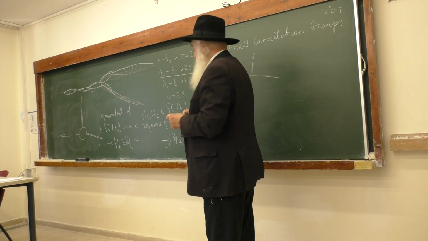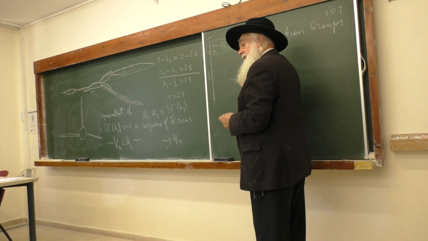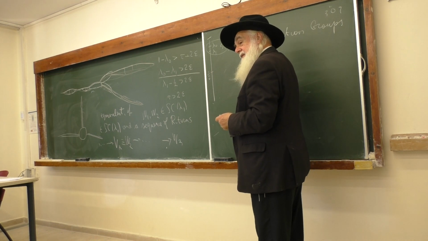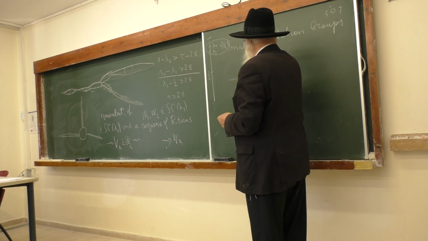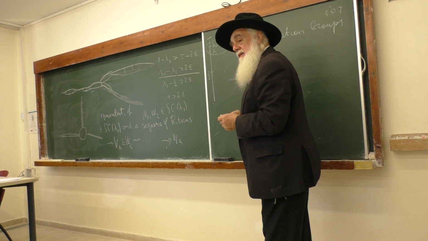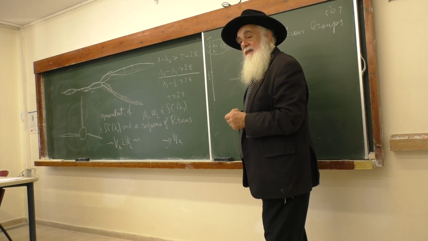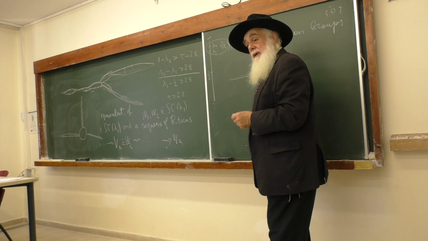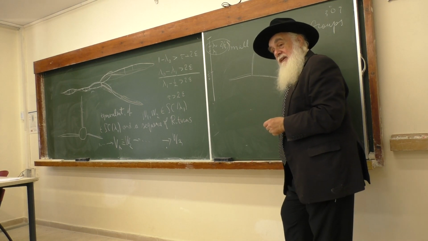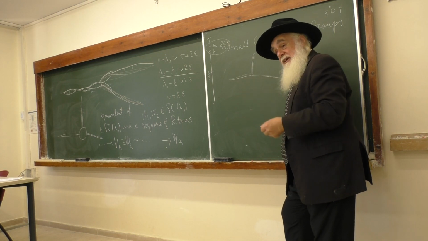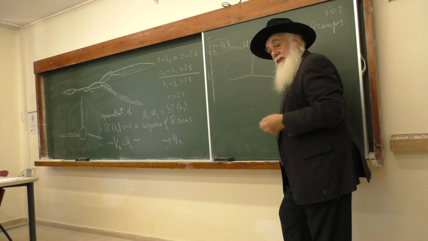Because we can take the first and the second. Four elements of the generators, for the free group element. In the free group we have only cancellation.